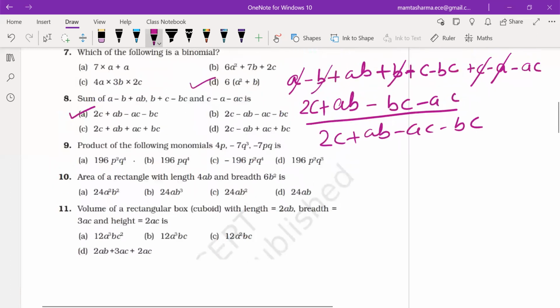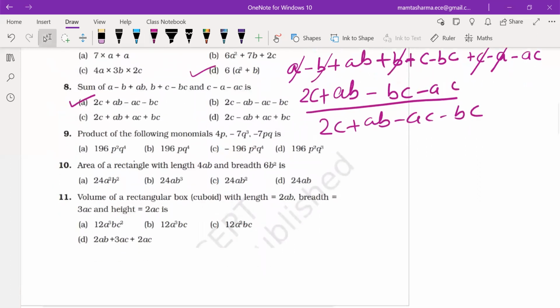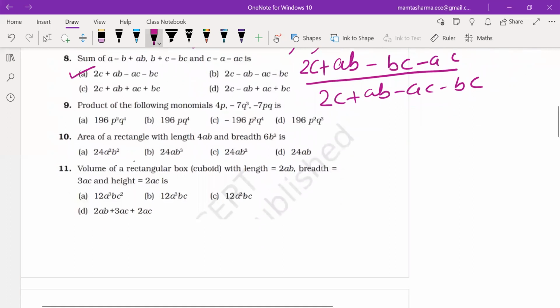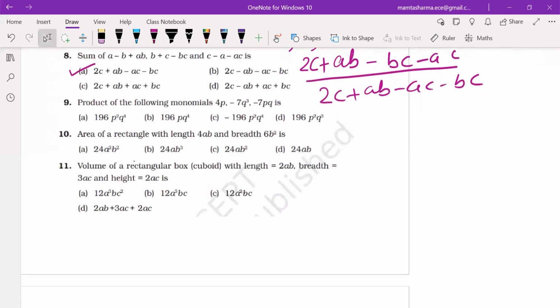So Tanvi, till here only 2 questions are correct. Ninth one. Product of the following monomials. Option A. Is that correct? Yes, ma'am. P square Q, 4 sevens are 28... 7 sevens are 49, 49 fours are 196, and minus times plus.